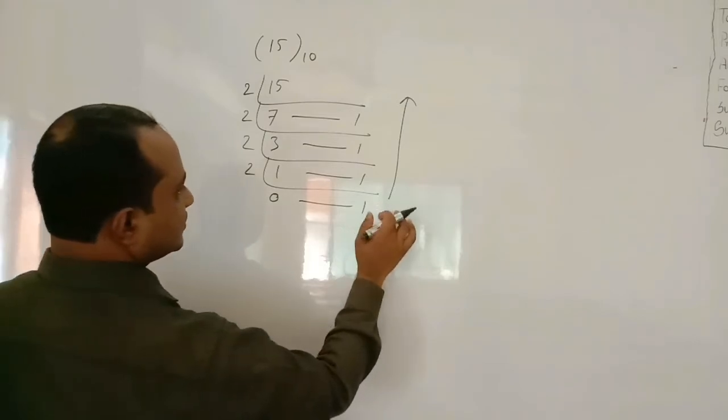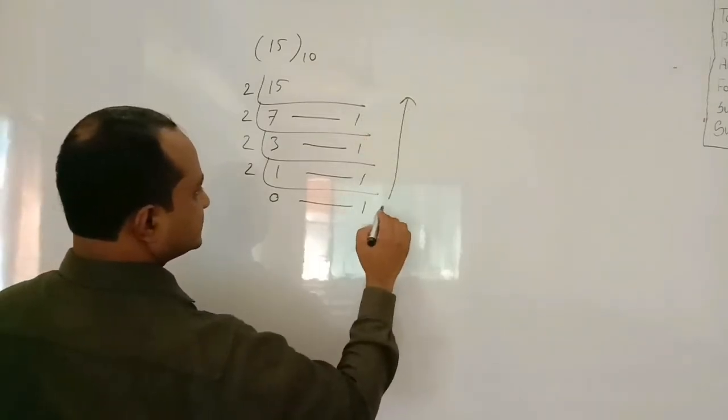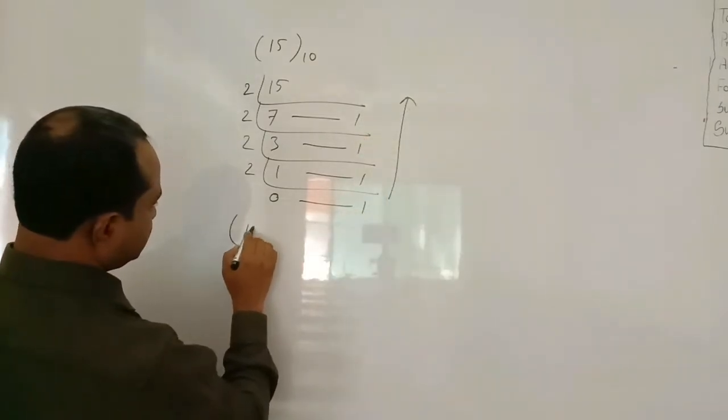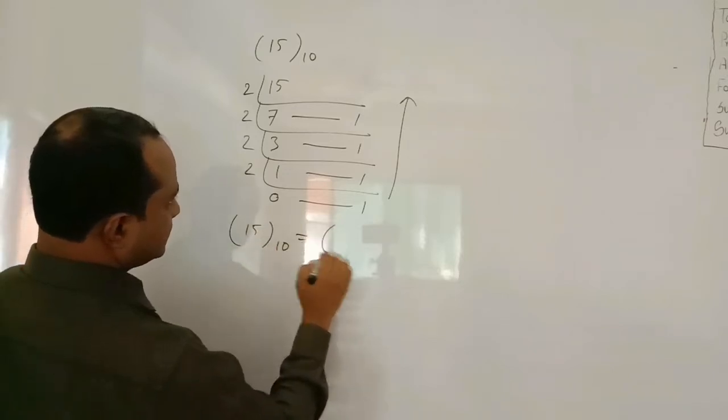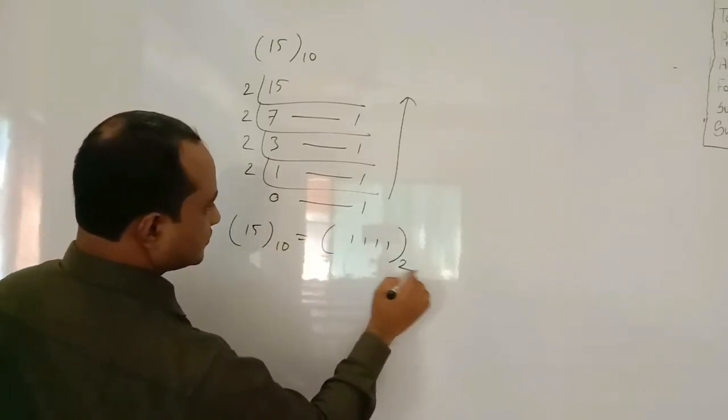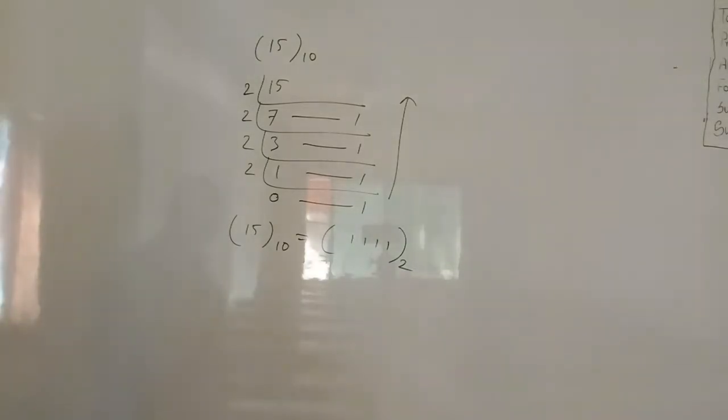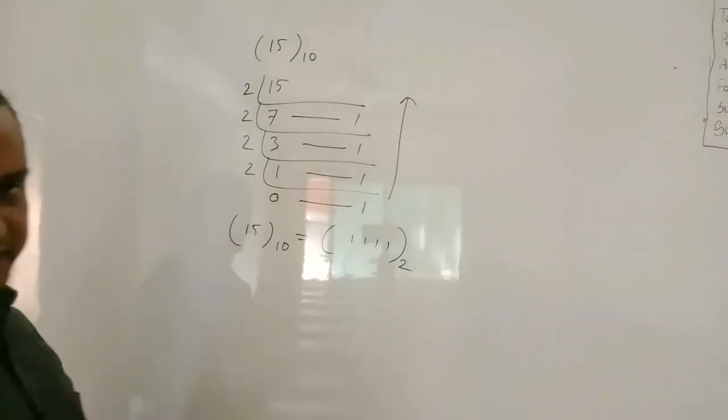This is the MSB, this is the LSB. This is the binary form of 15.